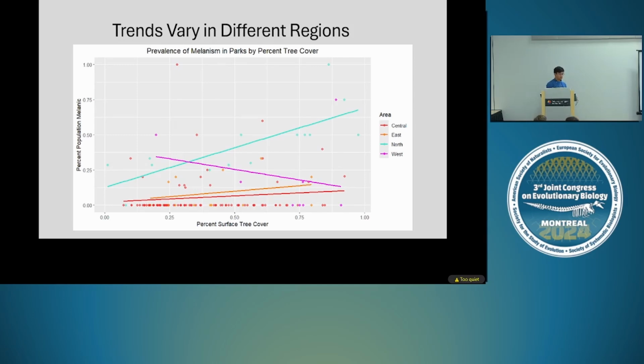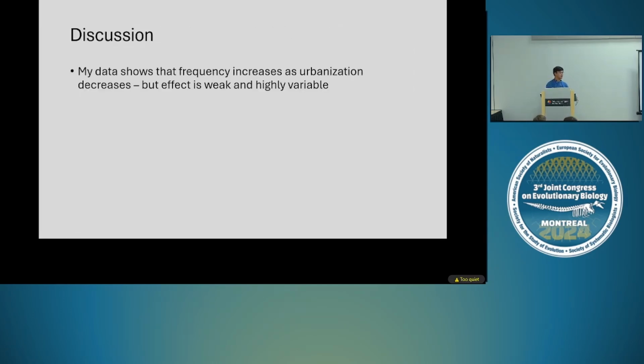So my point being that there does seem to be a good relation between urbanization and the prevalence of melanism, but this effect is actually either weak or it is highly variable because of other factors.